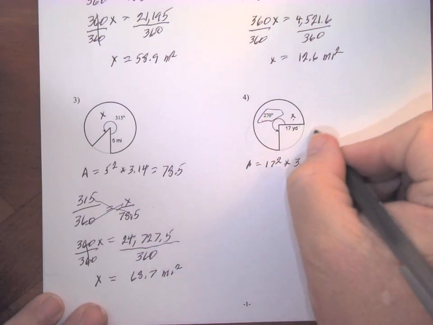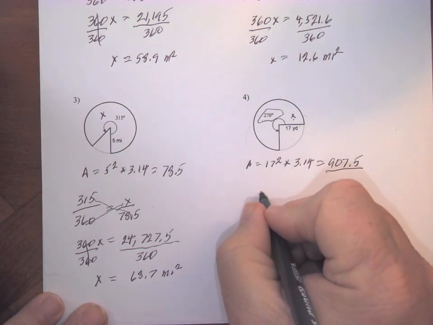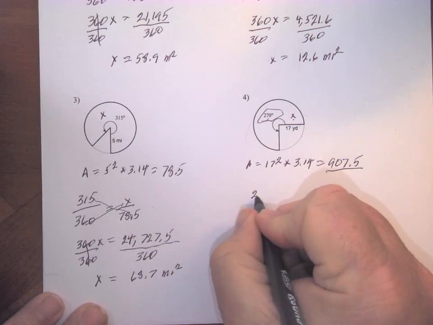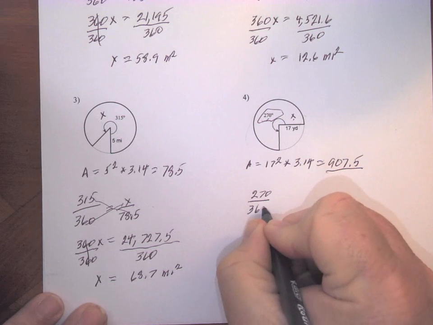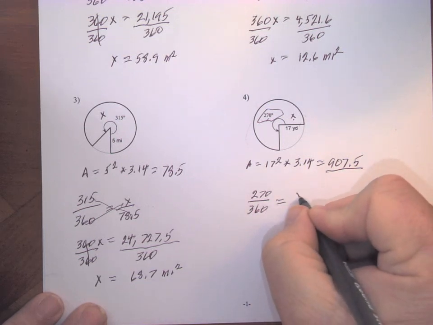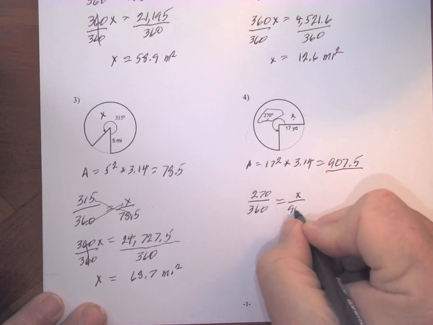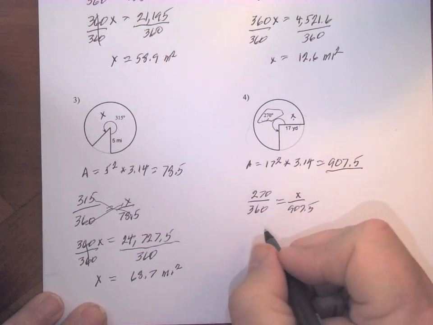We now know the total area is this. Our central angle is 270. So if we take 270 and the total is 360, that's got to equal x, which is what we're looking for, divided by the total, 907.5. Again, cross multiply.